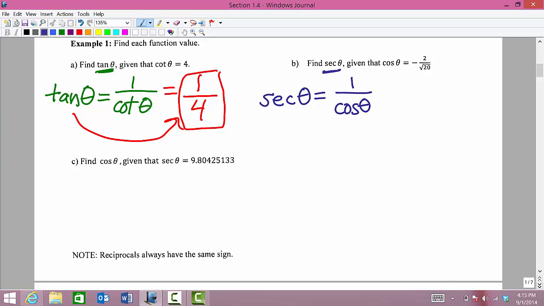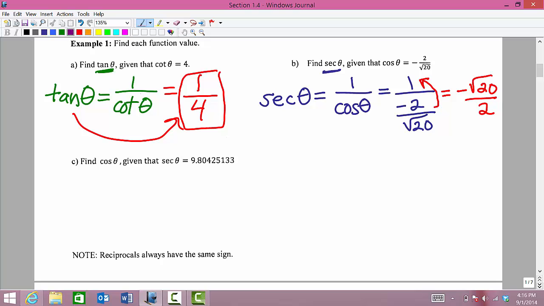That would be equal to 1 over -2 square root of 20. When I divide by a fraction, we flip that fraction and multiply it times the top. So that will give me 1 times square root of 20 divided by -2, which is negative square root of 20 divided by 2.